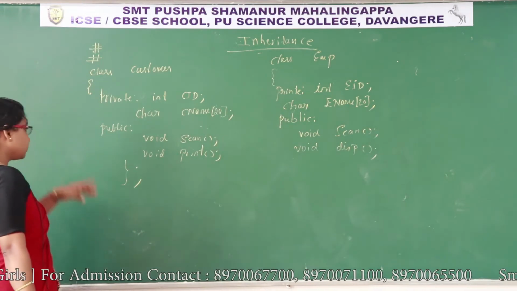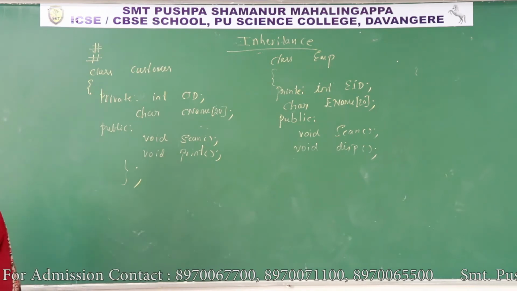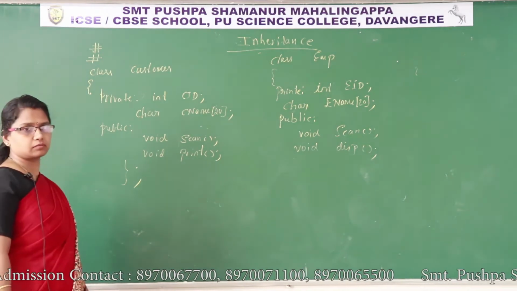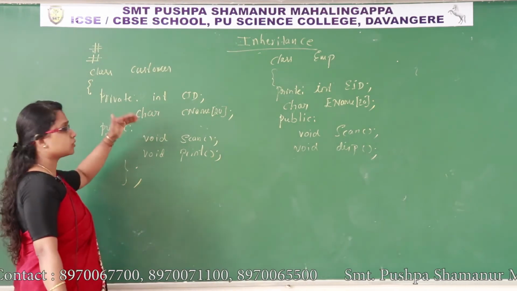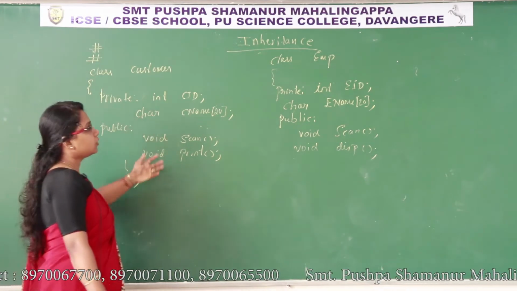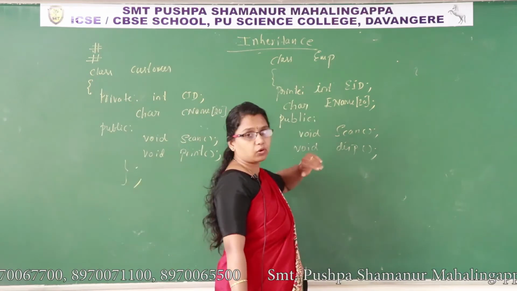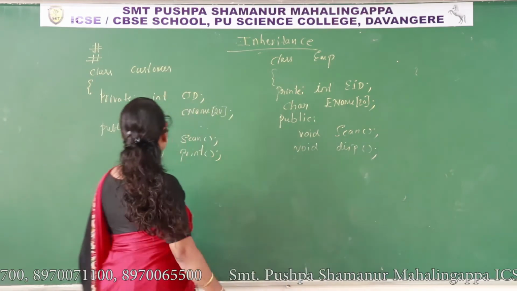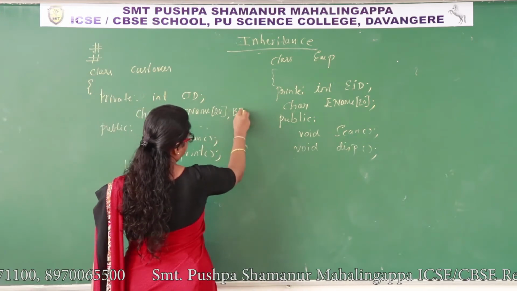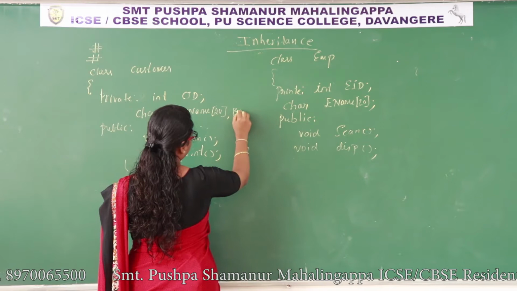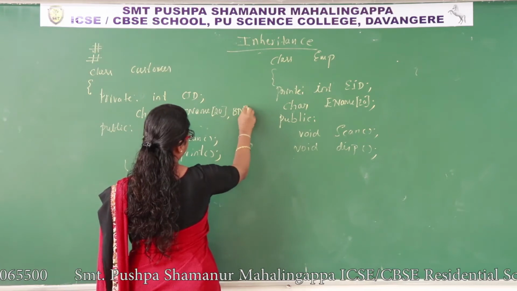And one more, I want to add another feature, branch: in which branch the customer has an account, or in which bank the employee is working. I'll take branch name 20.